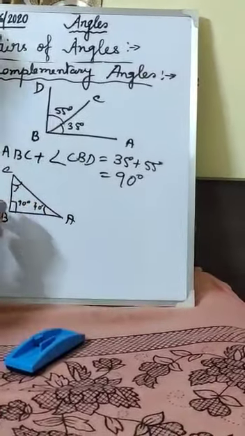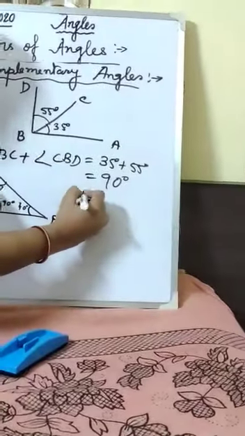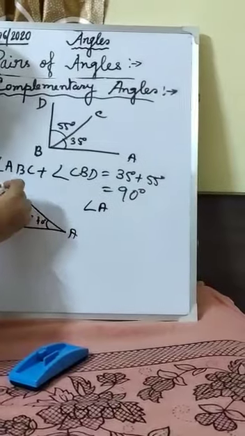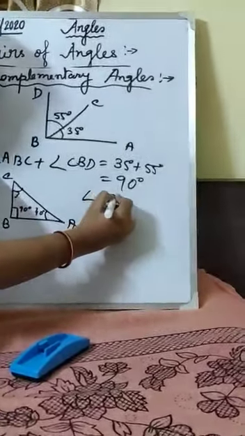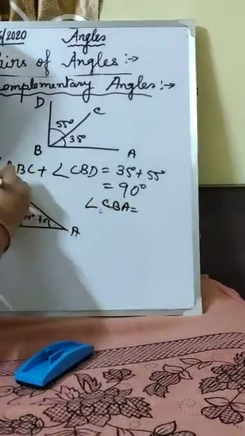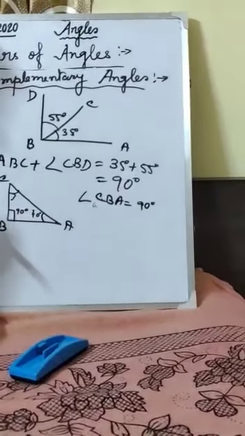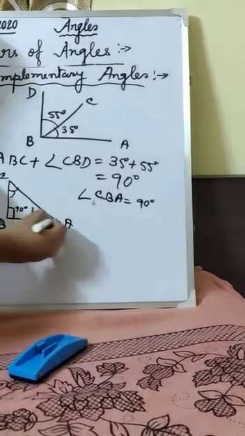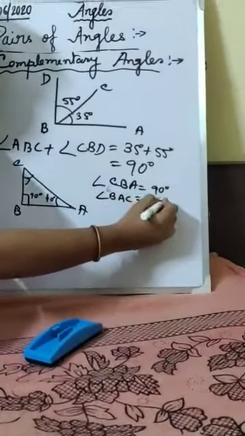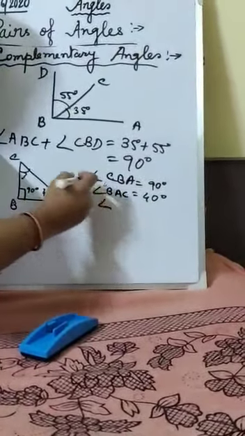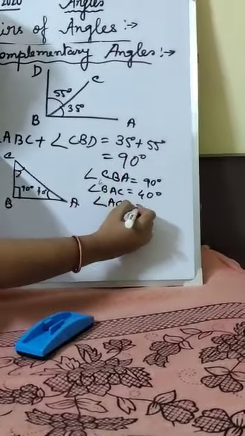How many angles does a triangle have? 3. Suppose angle CBA, which is given 90 degree, because it said that it is a right angle triangle. Angle BAC, which is given 40 degree. You have to find angle ACB or BCA. ACB you have to find.